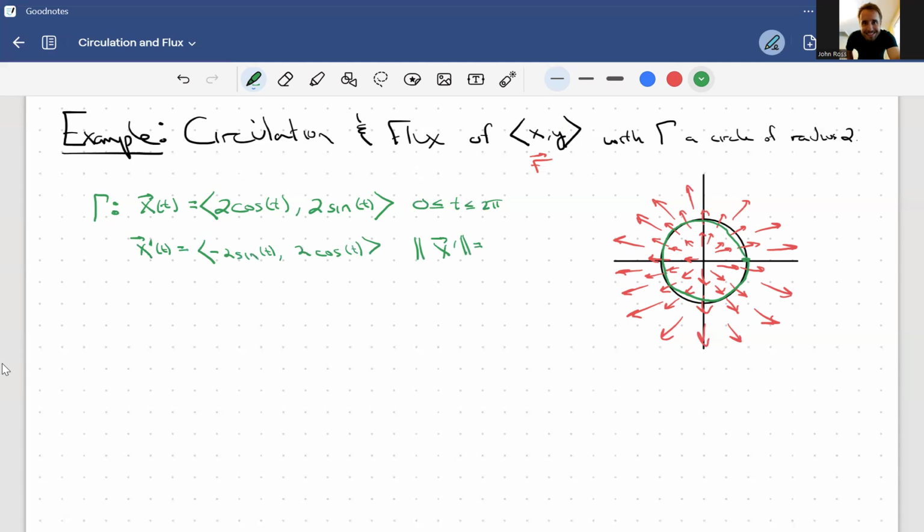That's going to be 2 sine quantity squared plus 2 cosine quantity squared, and then the square root of all of that. So we'll get the square root of 4, and we will get 2 as our answer. So we're tracing this out at speed 2. And this means our unit tangent vector is going to be the velocity divided by the speed. So we're going to divide by the number 2, and we'll just be left with negative 2 divided by 2, so just negative 1 sine of t, comma, cosine of t.